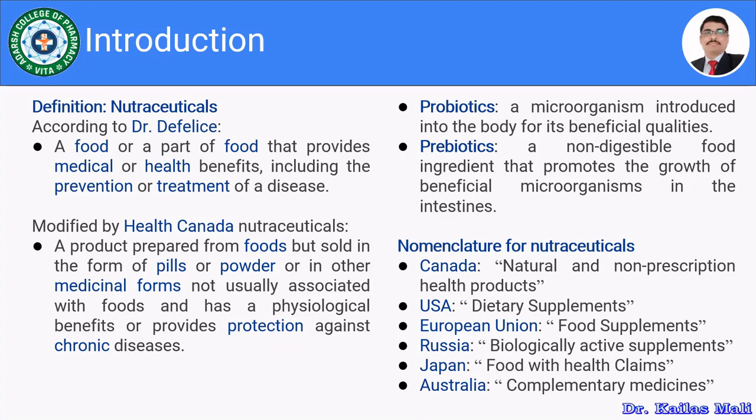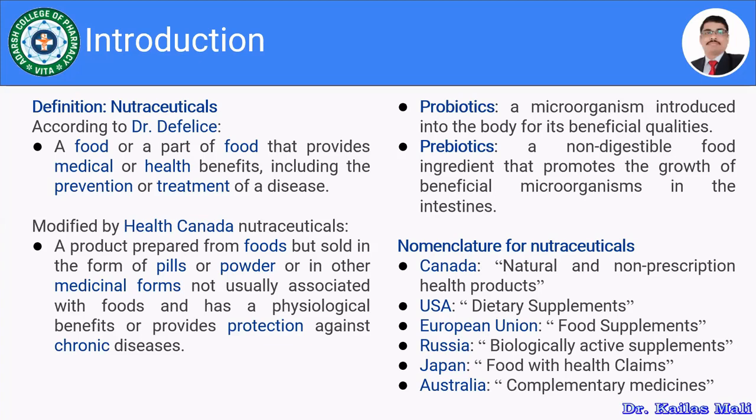For example, take turmeric. Maybe daily we are consuming turmeric as a part of food, isn't it? Some food items contain a small quantity of turmeric, but that is not considered a nutraceutical. If we give capsules, tablets, or another form of turmeric to the patient, then it is considered a nutraceutical.